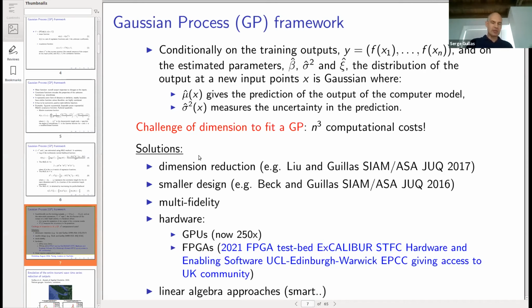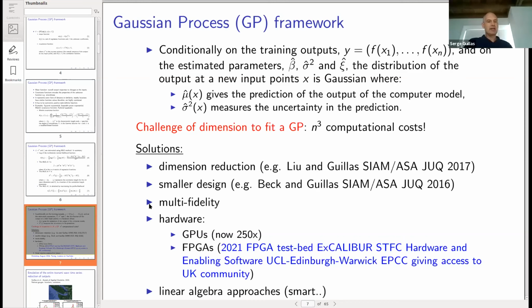I'm just citing here my own work, but others have contributed to solutions, obviously. Dimension reduction we will discuss a bit today, but also a smaller design: how many points and where should they be in order to get the same level of approximation but cheaper. A smaller number of points is better. Also using multi-fidelity approaches, multi-level, multi-scale.